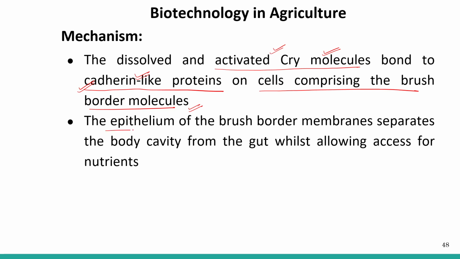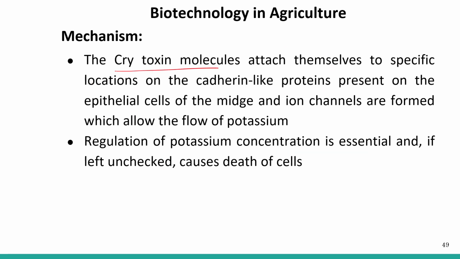In fact, the epithelium of the brush border membrane separates the body cavity from the gut whilst allowing access for nutrients. The Cry toxin molecules attach themselves to the specific location on the cadherin-like protein present on the epithelial cells of the midgut, and ion channels are formed which allow the flow of potassium.